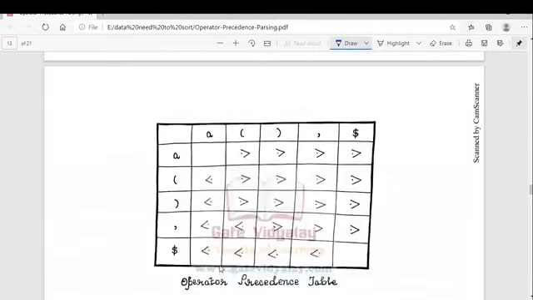If you have any ambiguity in this lecture, then we will discuss it on Wednesday in the live interactive session, which is going to be held on Wednesday, inshallah.